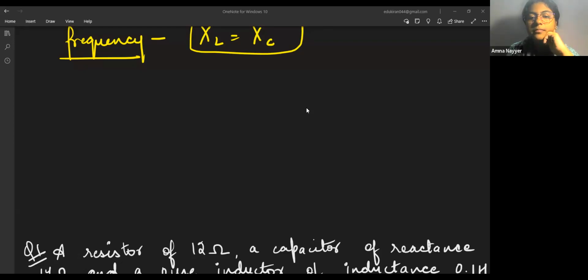Faiza. Formula of XL, inductive reactance. No, Chavez, I'm asking inductive reactance.